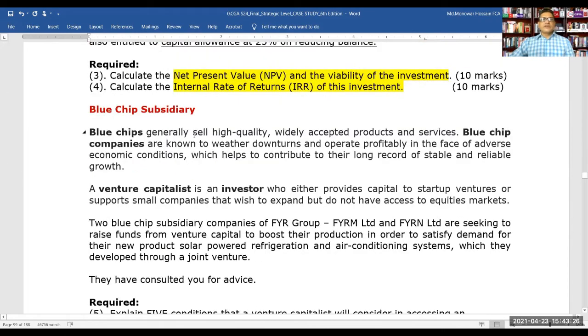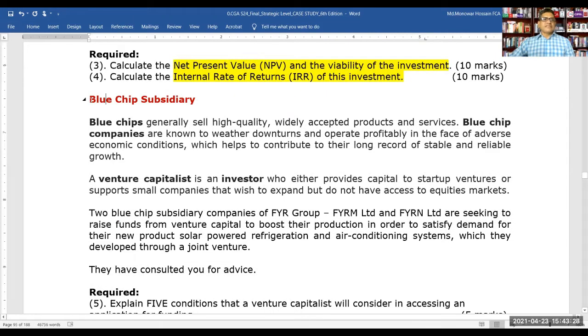Next thing, blue chip subsidiary. So blue chip, we know, generally sells high quality, widely accepted products and services. Blue chip companies are known to weather downturns and operate profitably in the face of adverse economic conditions, which helps to contribute to their long record of established, reliable growth.